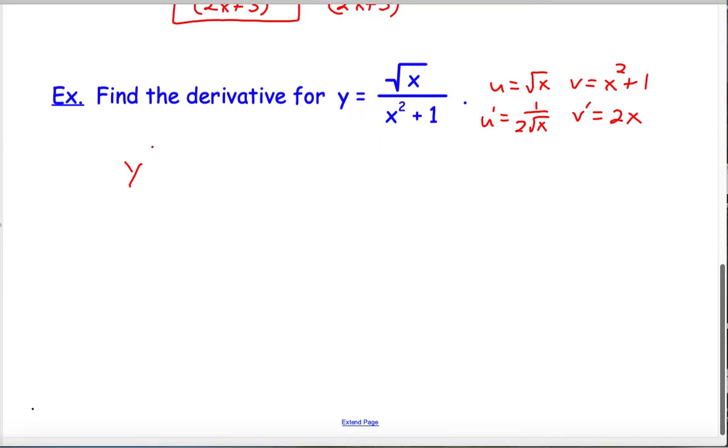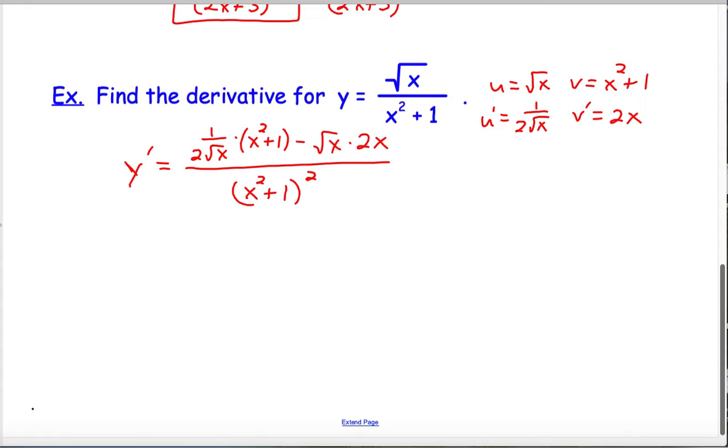So y prime is going to equal the derivative of the top times the bottom minus the top times the derivative of the bottom all over the bottom squared. And so then I guess we could distribute and try and simplify a little bit.